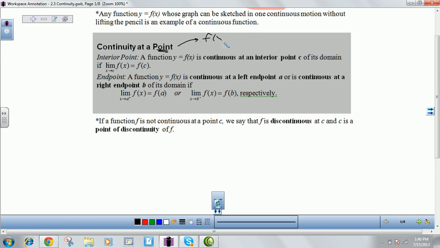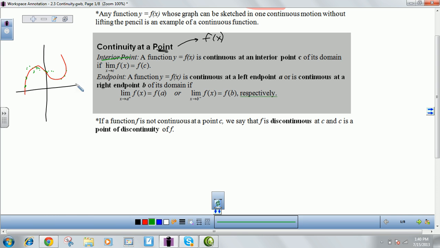So if I just quickly sketch a graph over here, this is f of x. You have interior points, which are between your start and finish points. All of these green points are your interior points on the graph.